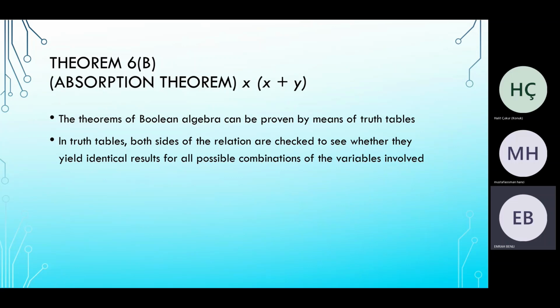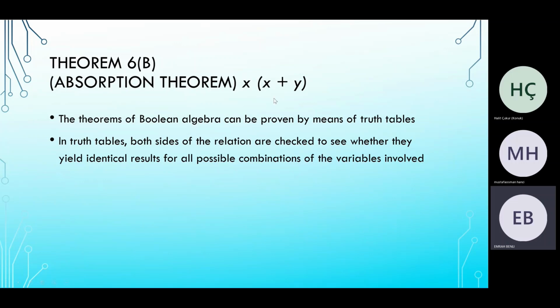Sometimes we can use the truth tables to prove the theorems of Boolean algebra. And what do we need? We need both sides of the relation to be checked to see whether they yield identical results. So they have to be the same results for both sides of the equation.